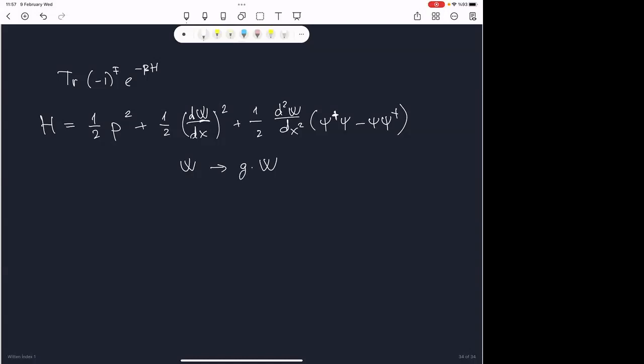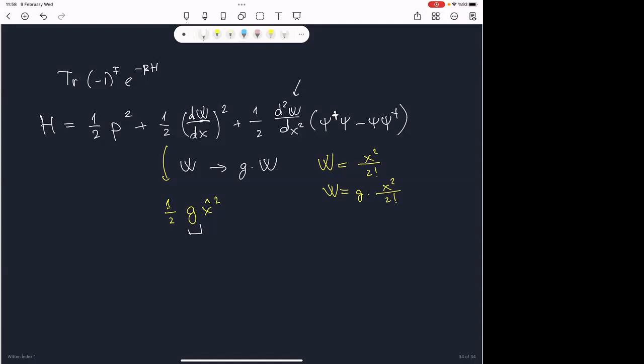Now, in the case of the harmonic oscillator, if you have W equals x squared over 2 factorial, now instead you have G times x squared over 2 factorial, and then what you get here is 1/2 and G times x squared. So this is now a new coupling, and also the same here.